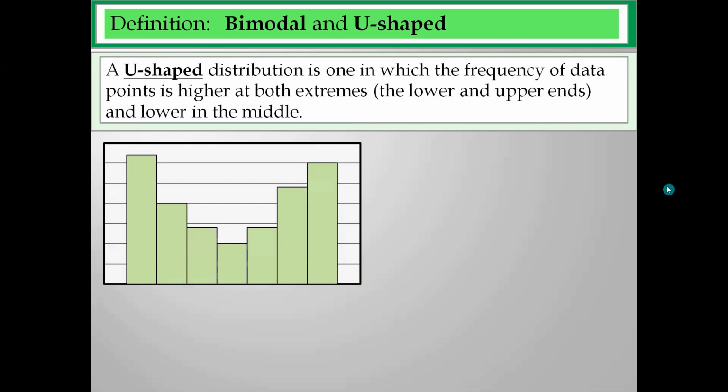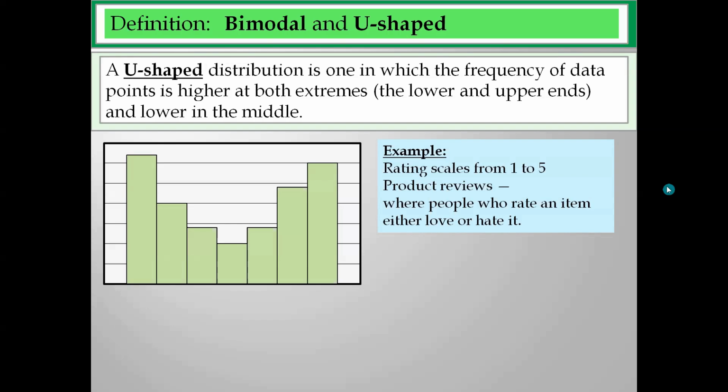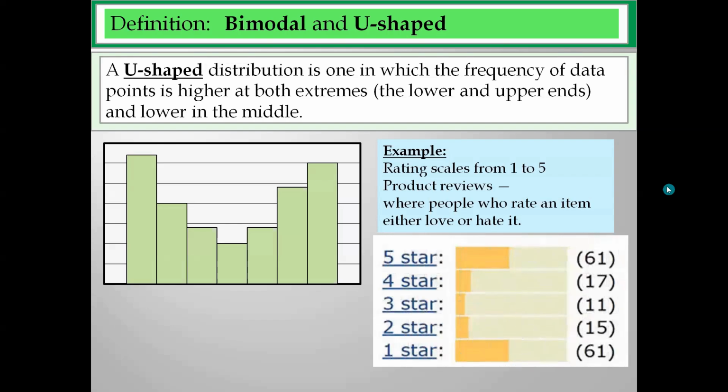Let's look at a common example of a U-shaped distribution. Example, rating scales from 1 to 10. Product reviews, where people who rate an item either love it or hate it. In this distribution, we have extremes on the ends.